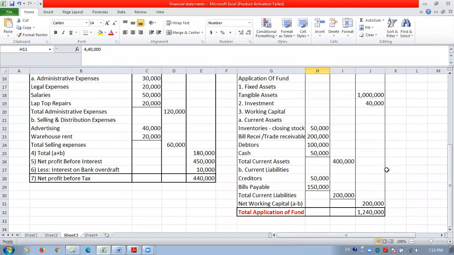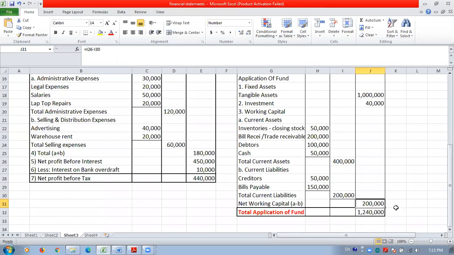The application of fund has only fixed assets, investment and working capital. For that purpose, we have to find out the working capital. As fixed assets and investment have only one item each, we directly put them in the last column. Current assets total 4 lakh and current liabilities total 2 lakhs, and this 2 lakhs is deducted from the 4 lakh of current assets, and we get the working capital.